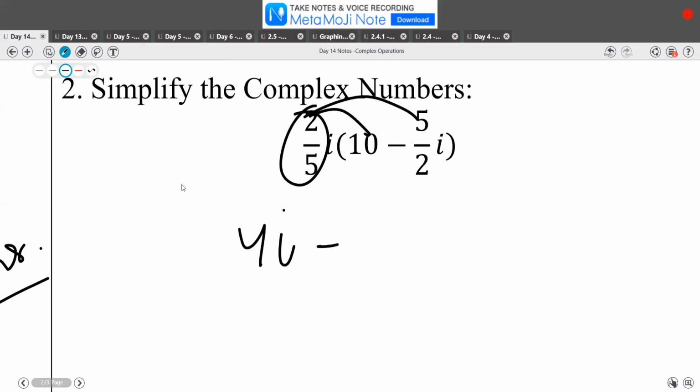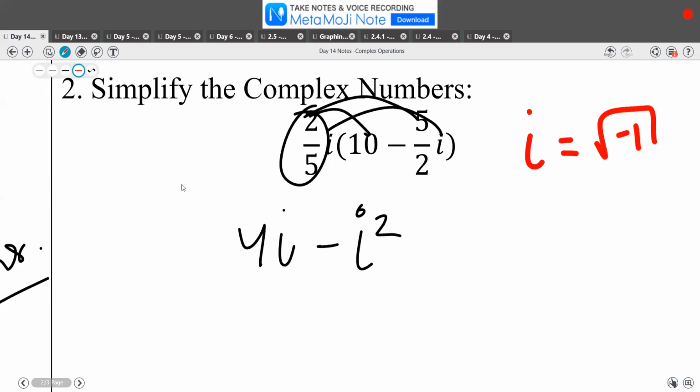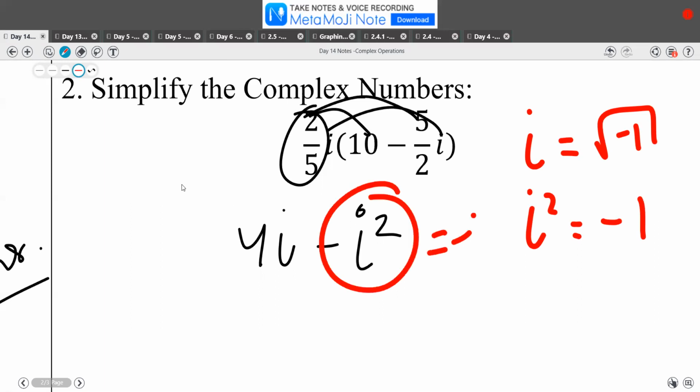right? And then you also have i times i, which is going to give you i squared. Now, what do we know about i squared? We know that i is the same thing as the square root of a negative number. Well, i squared is the same thing as negative 1. So technically this equals negative 1.